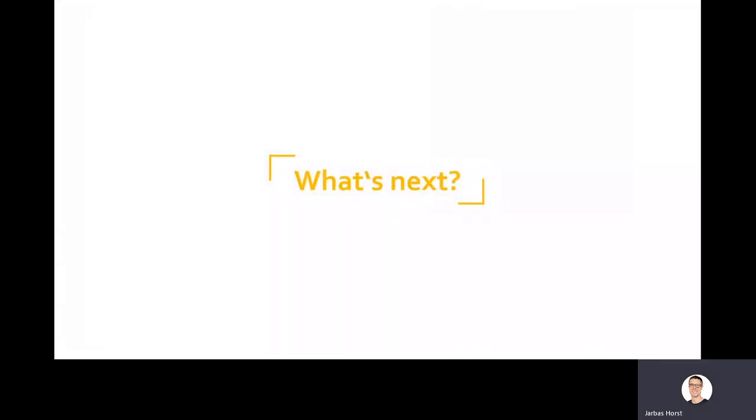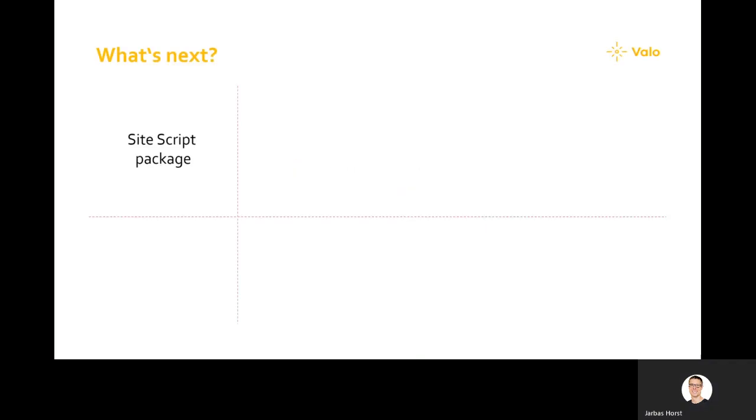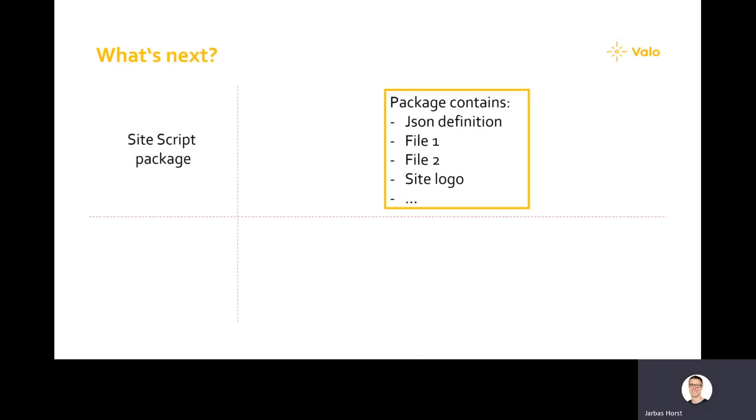Now I want to show you in the next slides what's next and what's new for site designs. We're going to have a site script package. And in this package, along with the site script, I'm going to have additional assets like documents that I want to upload to a document library, or the site logo that I want to change in my site collection.